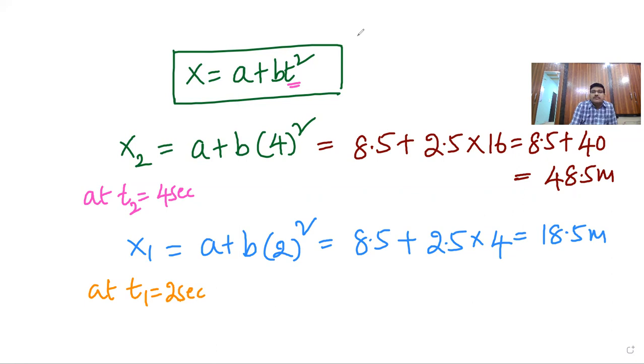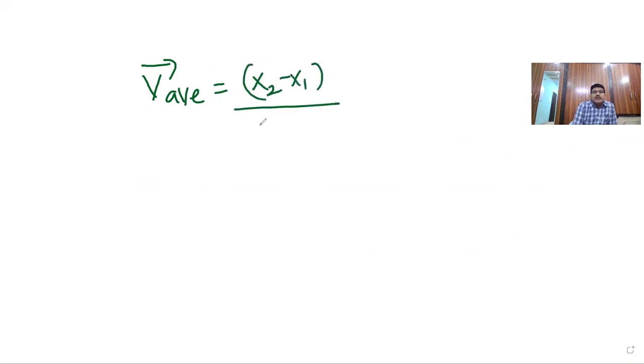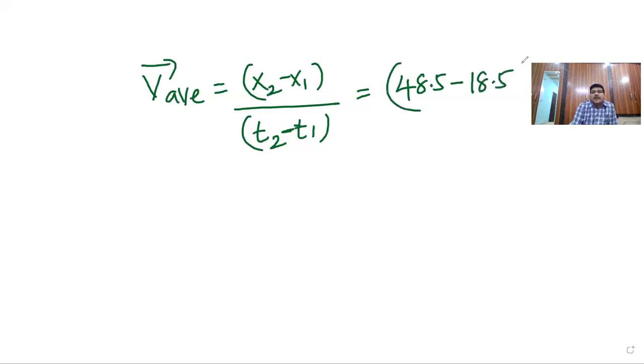Now I substitute the values. V average is x2 minus x1 by t2 minus t1. This becomes x2, 48.5 meters, minus 18.5 meters, by t2, which is 4 seconds, minus t1, which is 2 seconds.